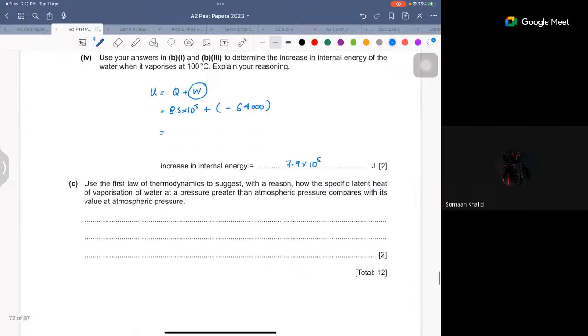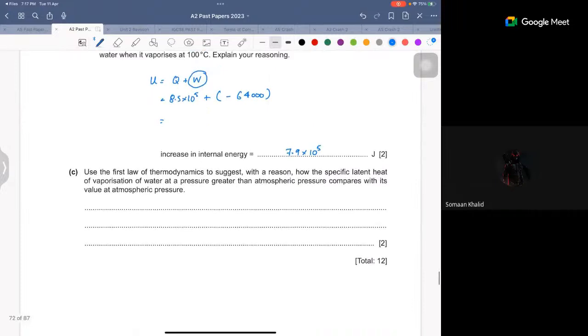Then it says use the first law of thermodynamics to suggest a reason for how the specific latent heat of vaporization of water at a pressure greater than atmospheric compares to the value at atmospheric pressure.